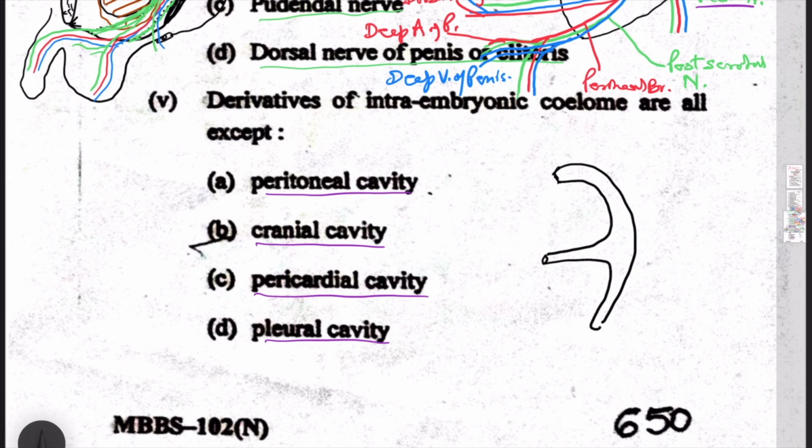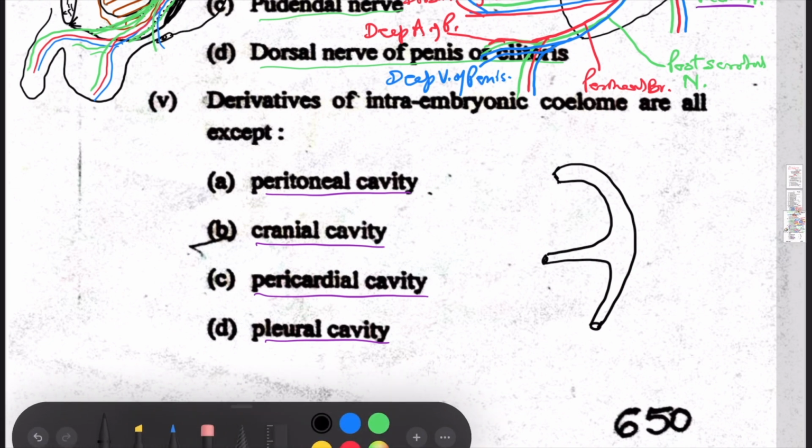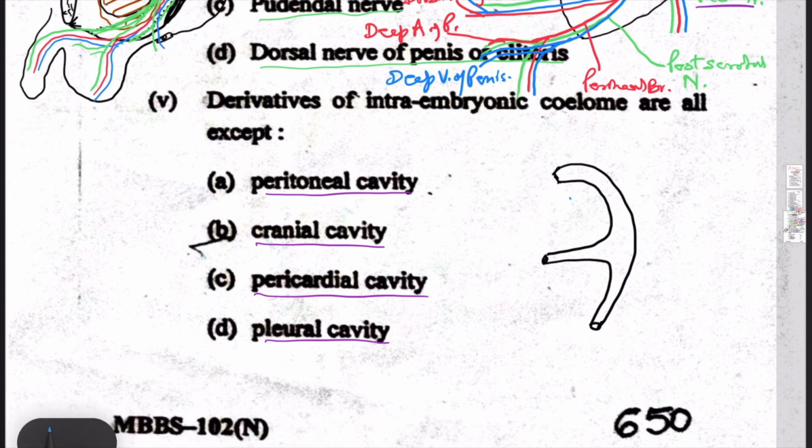This was a developing endodermal tube forming the primitive gut, and this is the vitellointestinal duct. And if you remember, there was a pericardial cavity being formed here, ventral to the upper portion of the foregut.